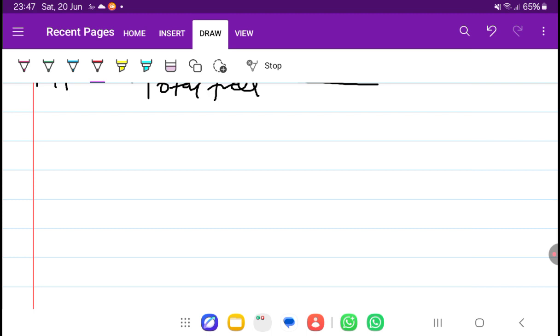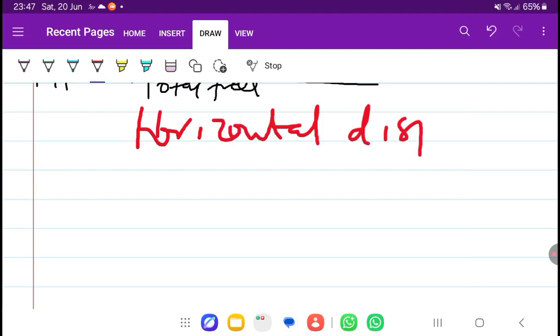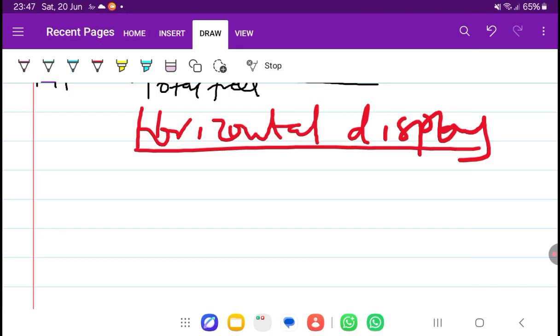So we can have maybe just a small example to illustrate the horizontal display, just to get ourselves on the right track. We can have maybe number of hours. These hours can be in shillings.